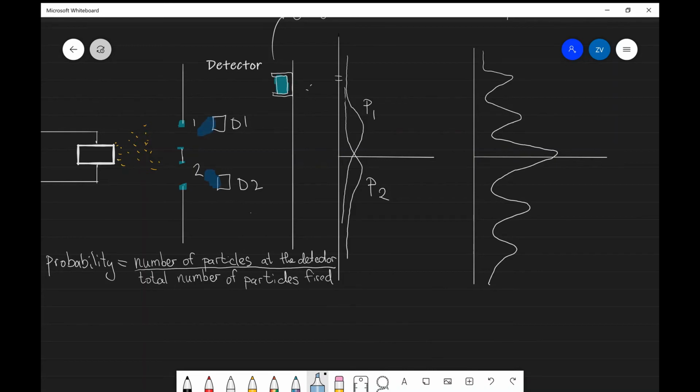The interesting bit is that as soon as I start watching the electrons going through, I miraculously get a completely different result. As soon as my detector is looking at slit number 1 and slit number 2, the curve which I get is very much similar, let's draw it like this, to the standard curve we would expect for particles.